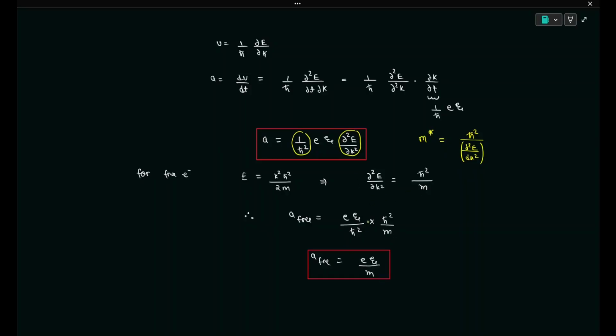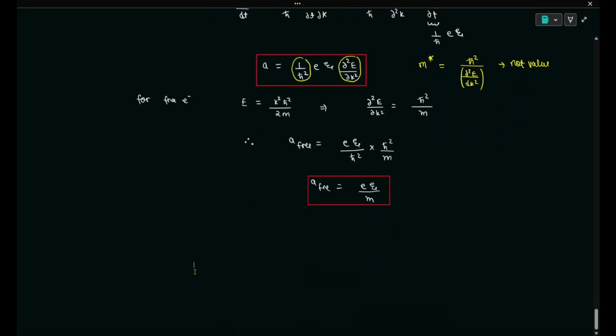The comparison of these two equations gives an interesting result of the band theory, that an electron moving in a crystal has an effective mass m star, which is given by ħ² divided by the double derivative of the dispersion curve. So this implies that this effective mass is not a constant value, and it depends on the shape of the E-k curve.